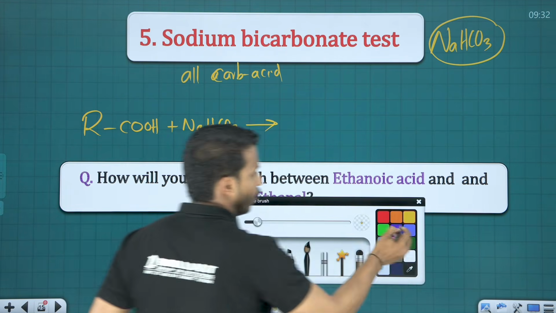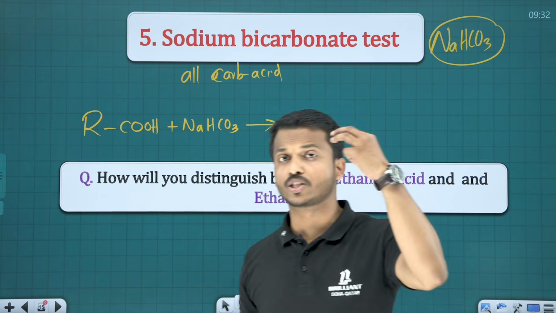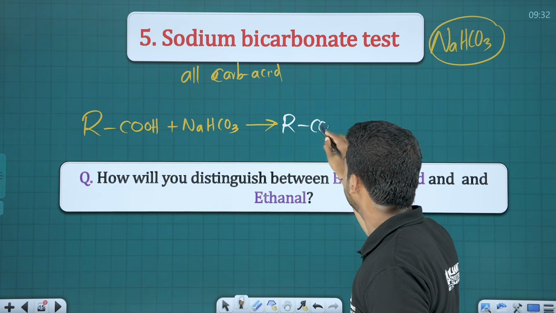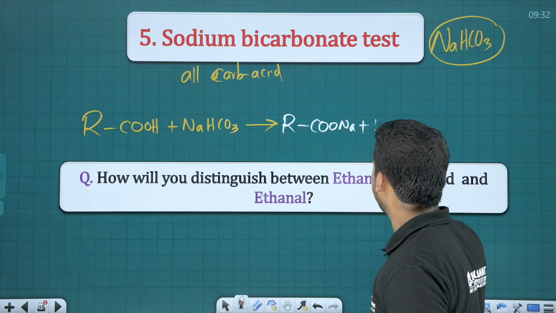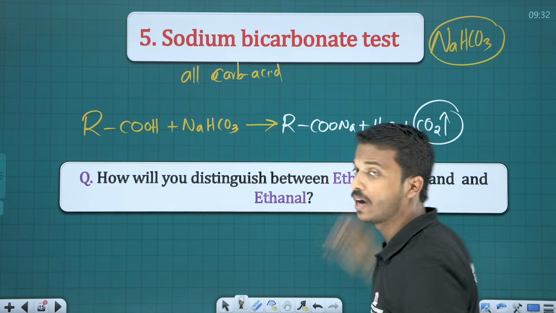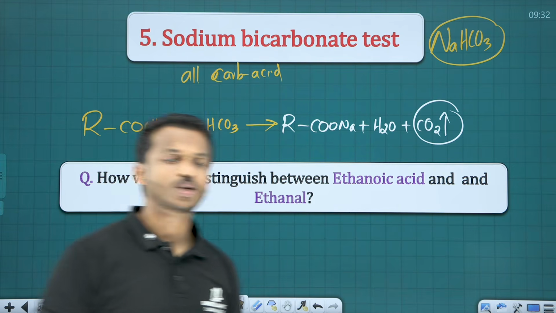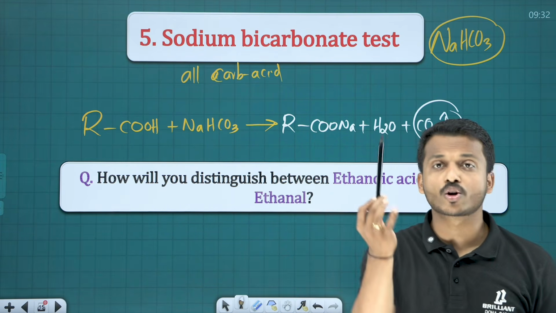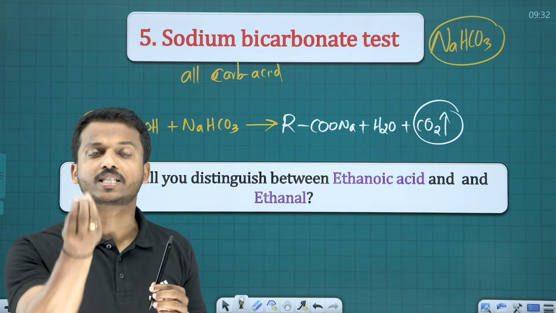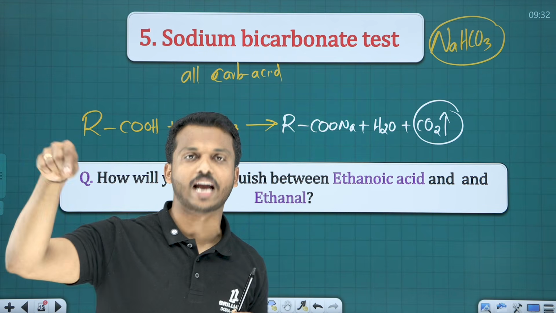You know, when acid reacts with a metal hydrogen carbonate, you will get salt, water and carbon dioxide. What is the salt? RCOONa plus H2O and carbon dioxide. This carbon dioxide comes as bubbles, it's called brisk effervescence. So what is the test? Any carboxylic acid, when you mix with sodium bicarbonate, you will get brisk effervescence of carbon dioxide, which indicates it is a carboxylic acid.